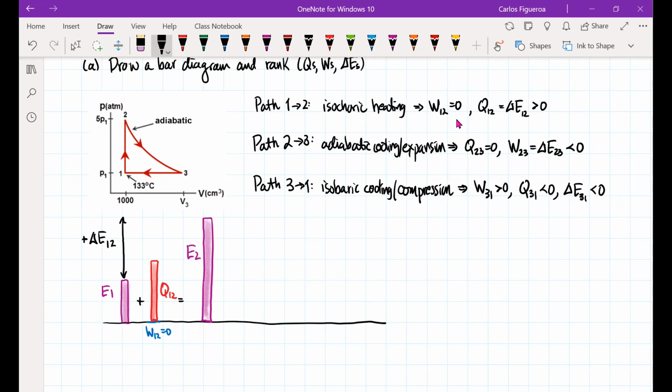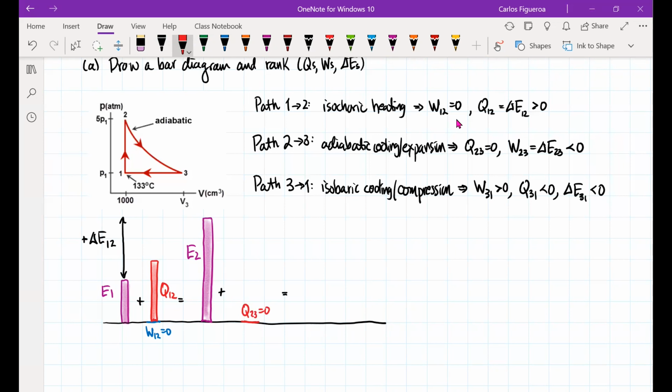Now I get to the path between 2 and 3. Between 2 and 3, I immediately see that there is no work. Excuse me, there's no heat. For an adiabatic process, there's no heat.